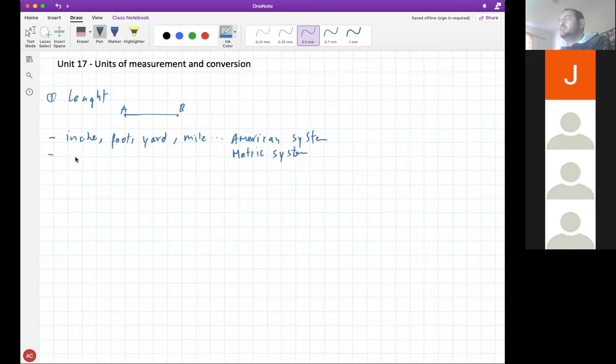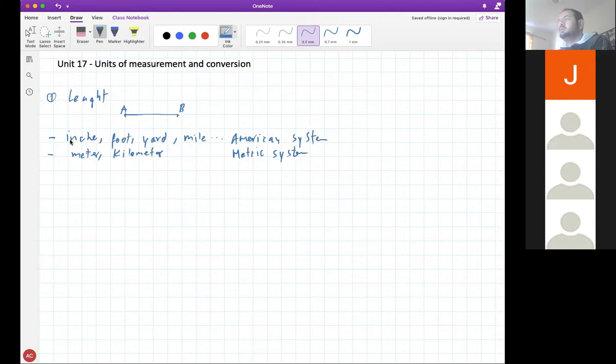So the unit is meters, or the smallest version of it is millimeters. So we have meters, mainly meters and kilometers. So instead of inch, they use meter or millimeters. Millimeters is the smallest one. So a meter, we're going to see the conversion. How much is a meter in terms of these? We're going to see that in a moment.